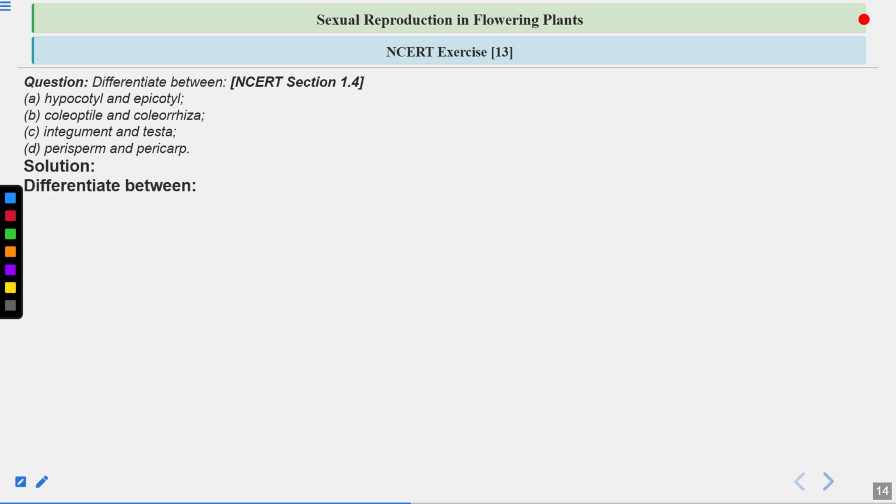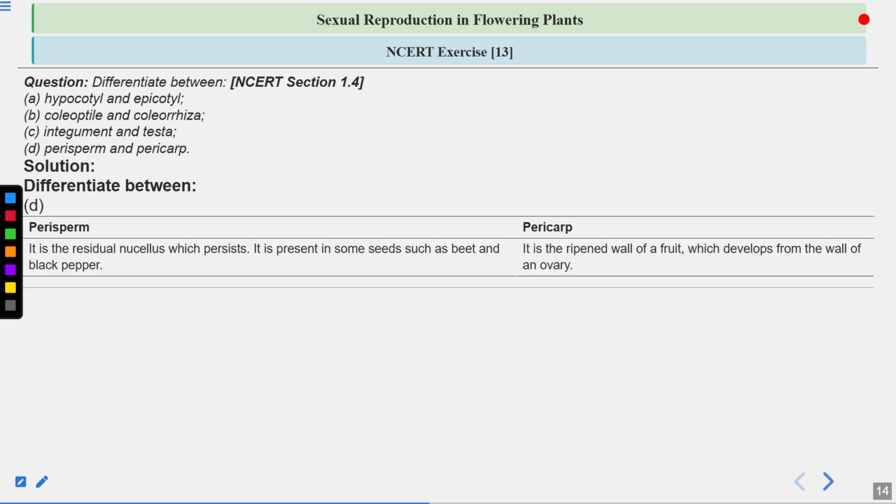Differentiate between the perisperm and pericarp. Perisperm is a residual nucellus which persists. What is the perisperm? You all know that endosperm is required for the nourishment of the developing embryo.